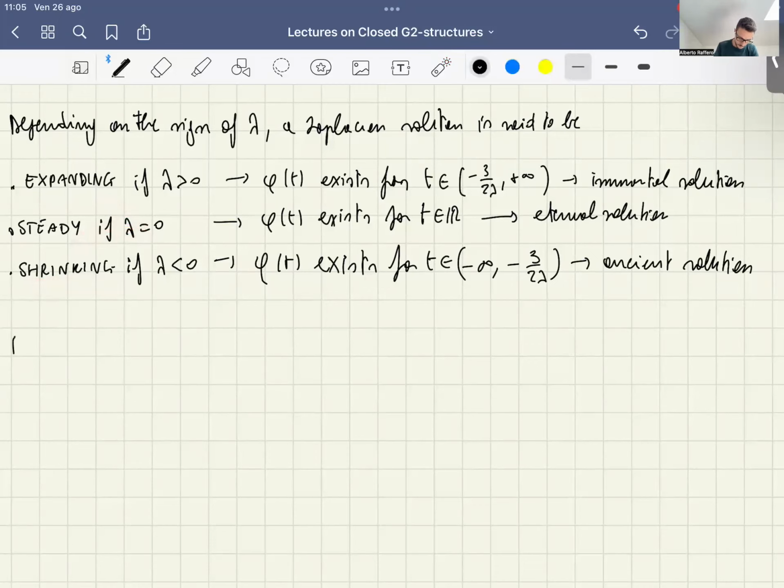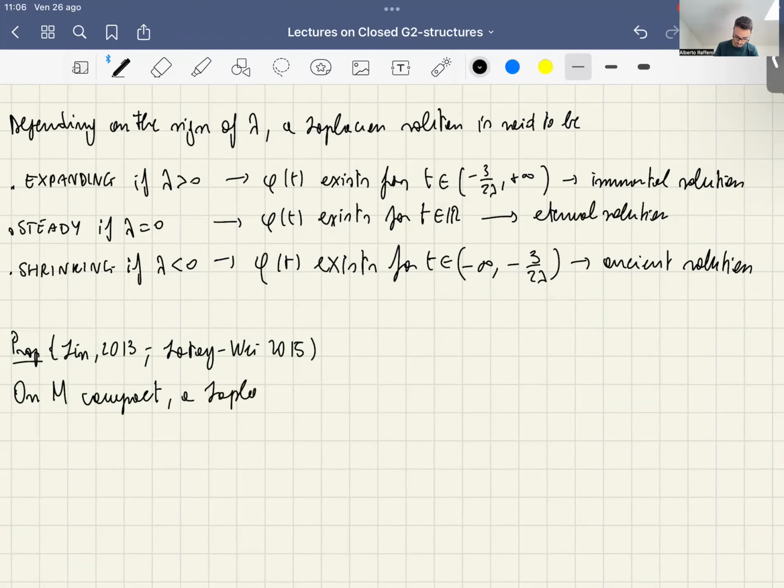And in fact, we have this result that was proved with different techniques and different ways by Lin in 2013 and by Lotay and Wei in 2015, that tells you that actually on a compact manifold, a Laplacian soliton phi that is not torsion-free, so it's a closed-G2 structure which is not co-closed.